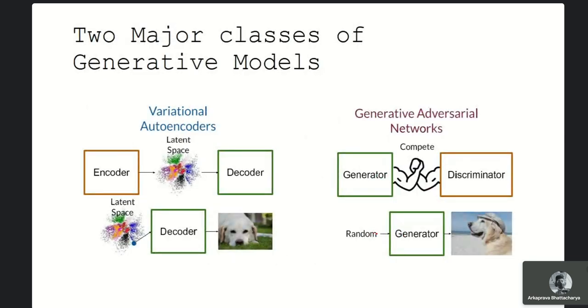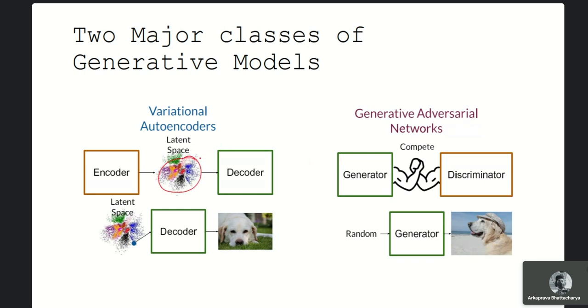Two of the most popular classes of generative models are variational autoencoders and generative adversarial networks. I'll give a brief introduction to variational autoencoders. They work with two models: one is the encoder, and the other is a decoder. Both are neural networks. We feed realistic images into the encoder, whose job is to represent the image in some latent space.